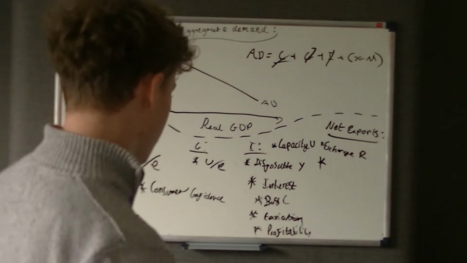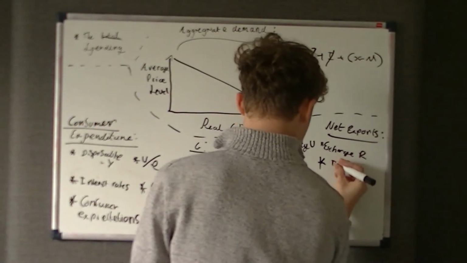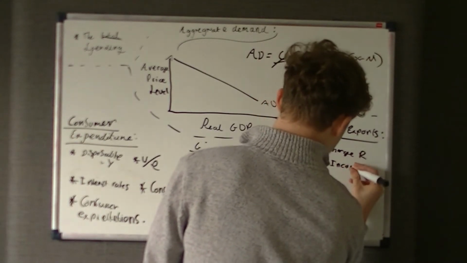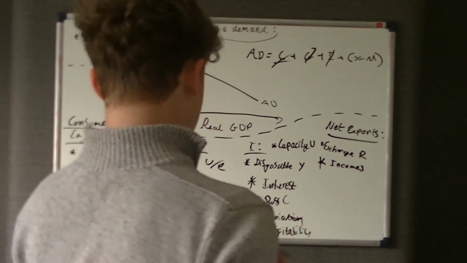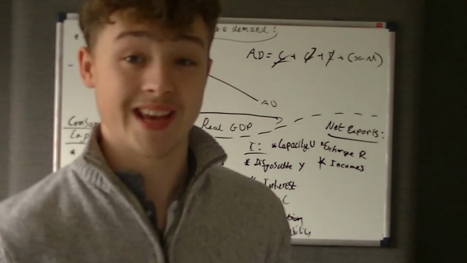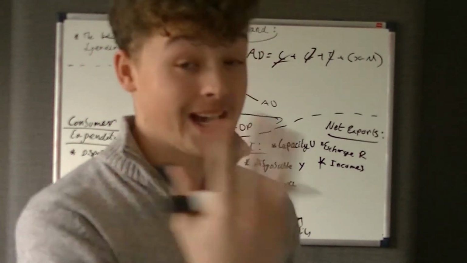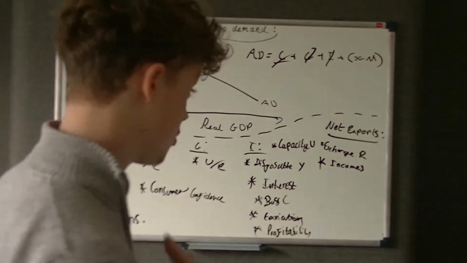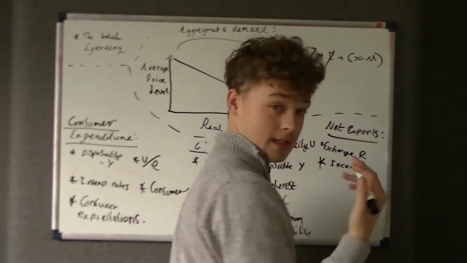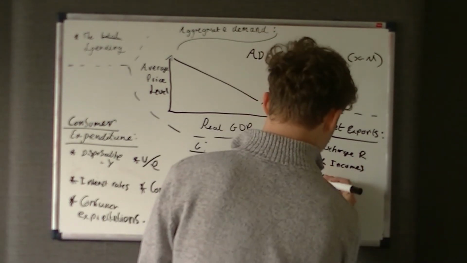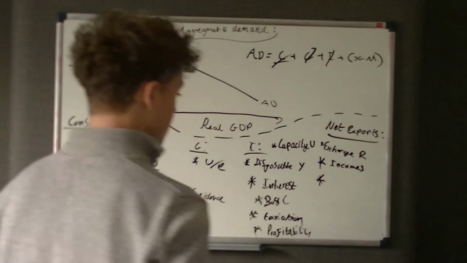Now another one is incomes. Sort of linked to exchange rates. So if incomes increase over here, our exports are the same, but our imports increase as we can afford more. So that's how incomes work, and obviously it's the other way around for other countries.